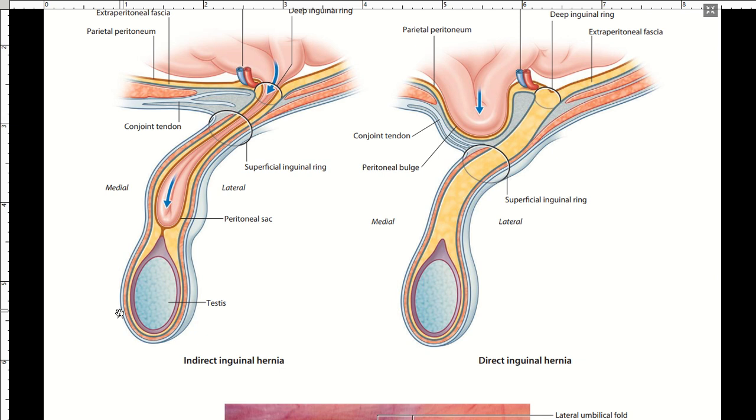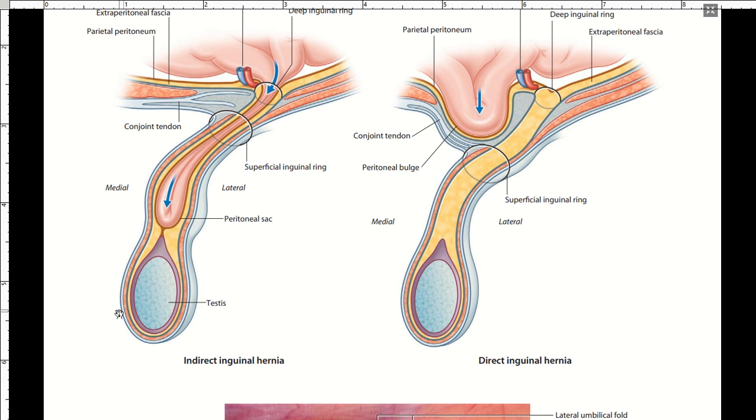Therefore, the right indirect inguinal hernia will be more common than the left. Also, an interesting fact is that the left testis is actually lower than the right testis, because of the same reason.